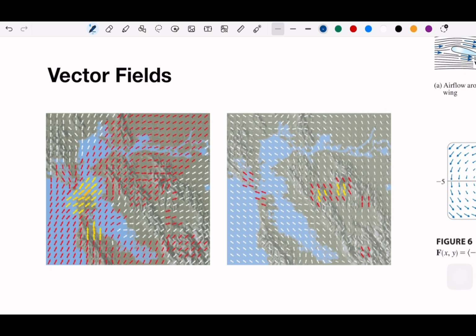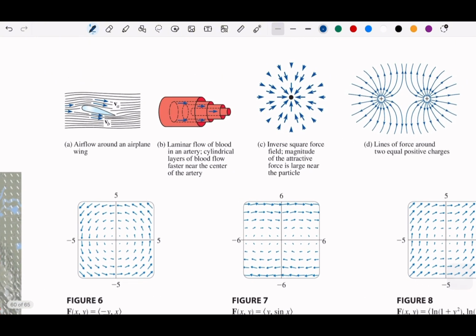So basically this is an example for vector field applications. We can use it for other applications as well, like for the airflow for the airplane, also for the blood flow, fluids, and then magnetic fields. It also can be modeled as a vector field.